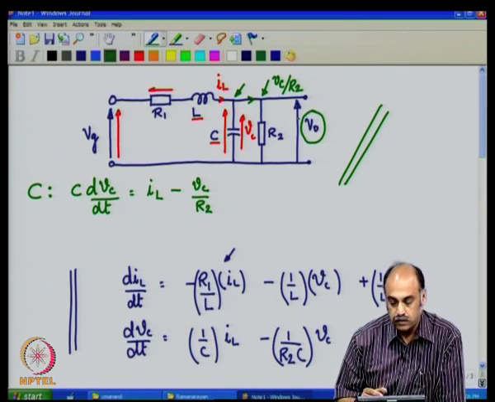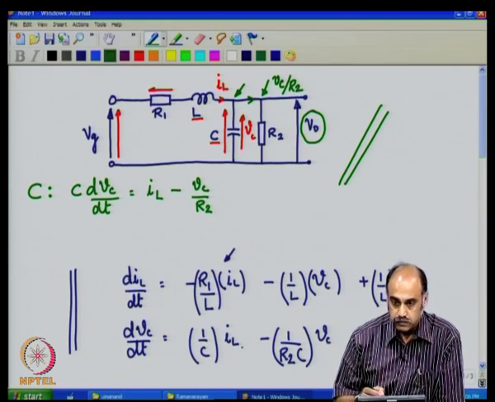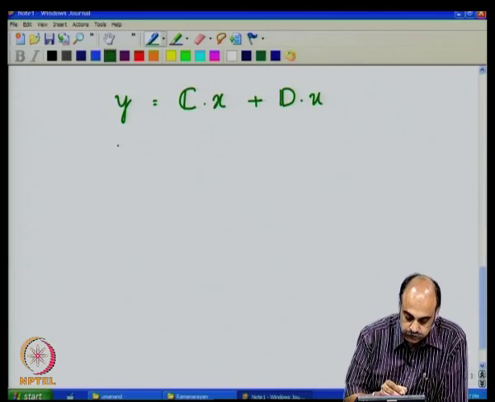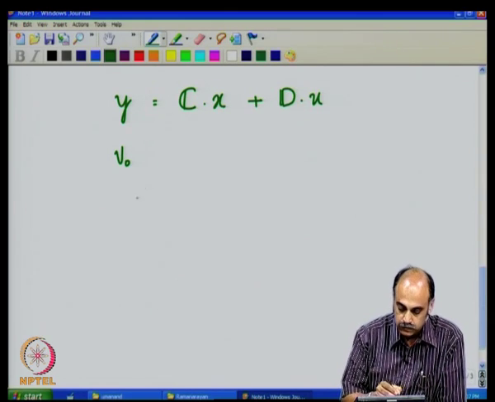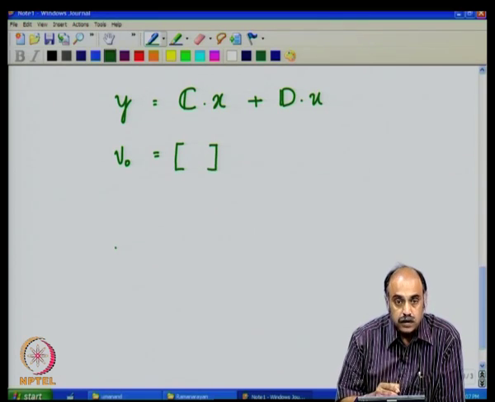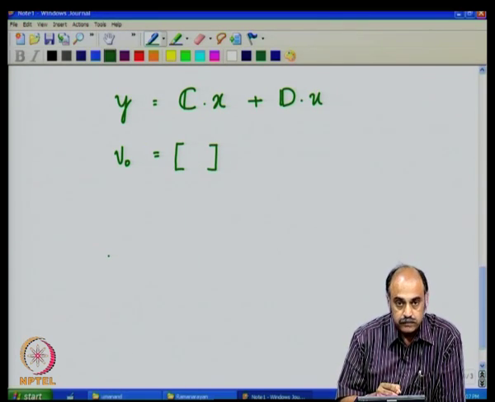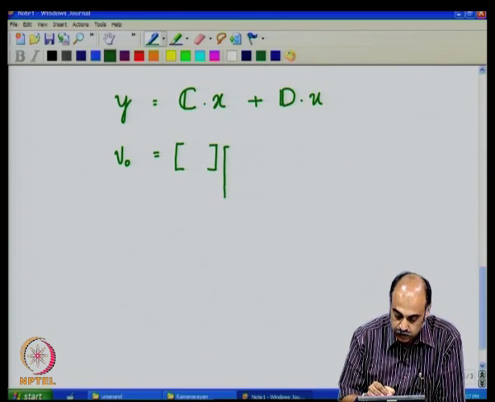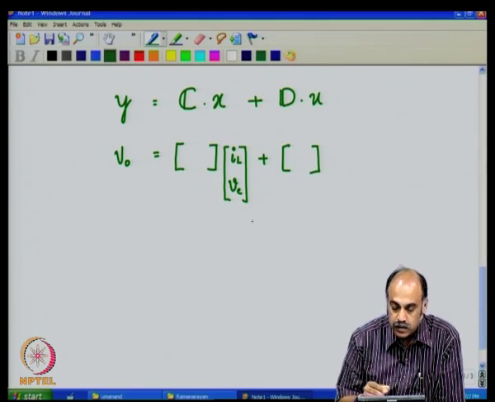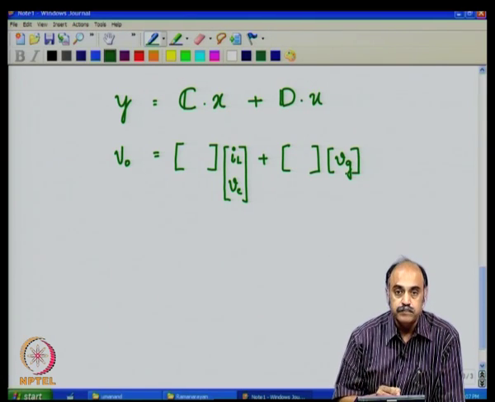V naught is what we want to be the controlled output. Therefore, we put that down as the output. V naught equals a matrix which scales the state. And what is the state vector? The state vector is nothing but IL and Vc, plus another matrix which scales the input, and input is nothing but Vg.